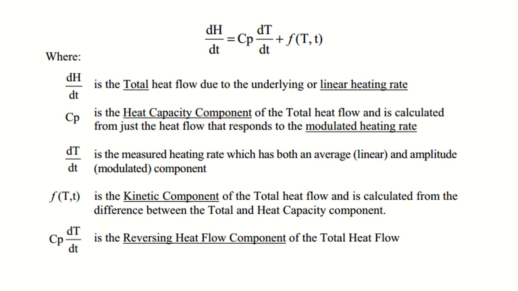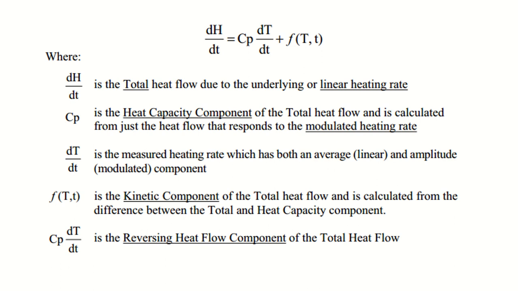Cp is quite familiar and important to discuss in the differential scanning calorimetry results. It verifies the DSC results along with the dielectric measurements. In the equation, dT/dt is the measured heating rate, which has both an average and an amplitude component.